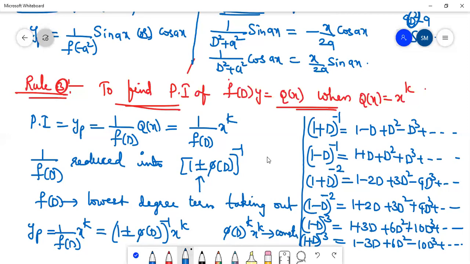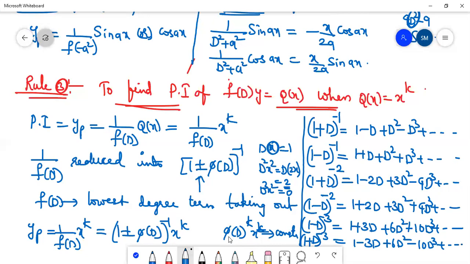After the derivative, suppose derivative of x square is 2x, again derivative of 2x is 2. The further derivatives will become 0. So we can take the function of d only up to the x degree.